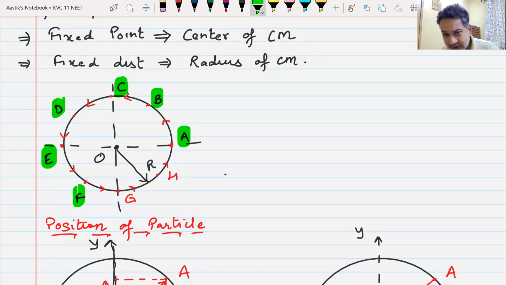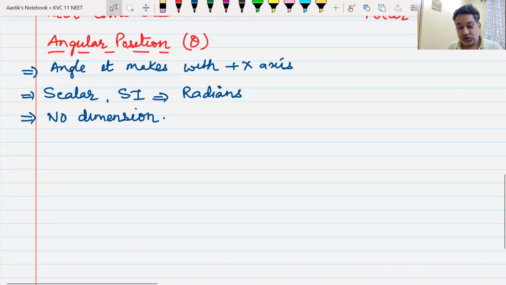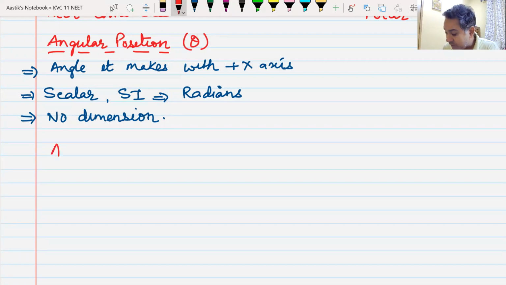The distance r remains the same, but the angle changes. Whenever this angle changes, we can call it change in angular position, or we have the next term for it, which is known as angular displacement.